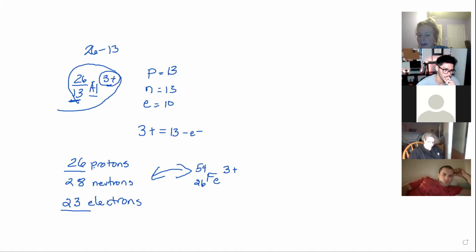Why would we have a half of something? The reason these numbers are decimaled is because they are the average of all of the isotopes with their relative abundances. So for instance, when I look at carbon, which is number 6 here, its atomic mass is 12.01.